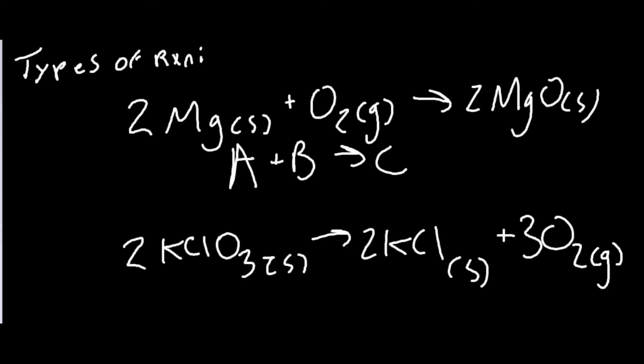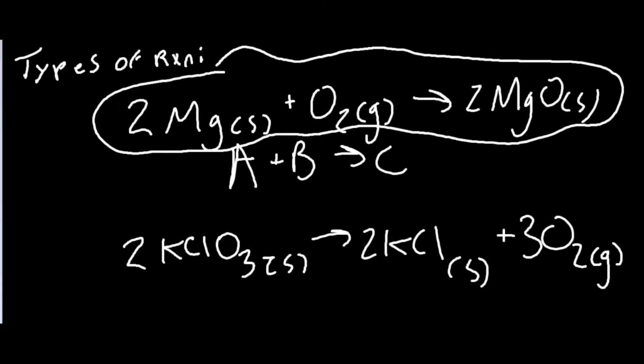You can see that the first reaction I have here is a combination reaction where magnesium and oxygen gas form MgO, magnesium oxide. So that's a combination reaction.